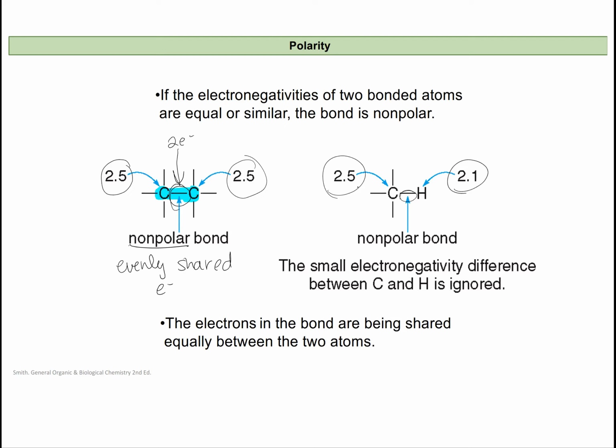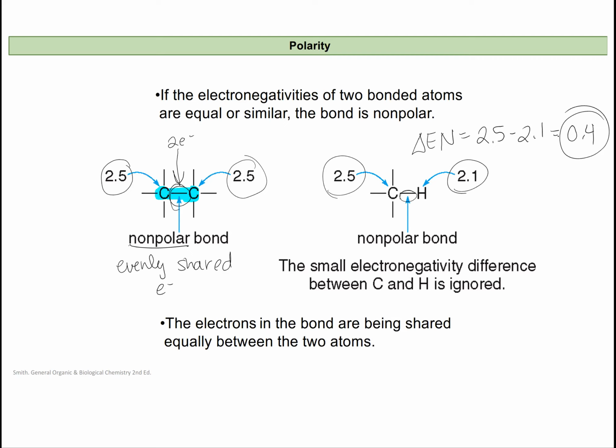We compare this difference between the two just by taking the difference, literally subtracting them. So 2.5 minus 2.1 gives me 0.4. So I have an electronegativity difference of 0.4. Now, slight changes in electronegativity will give us electrons that are maybe not shared perfectly equally, but it's close enough.